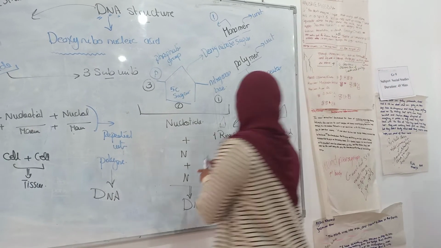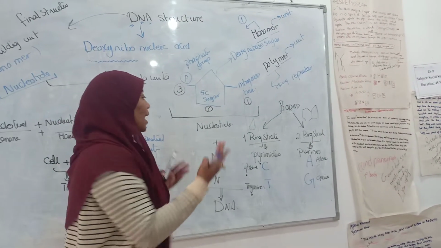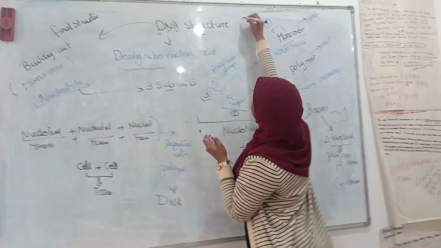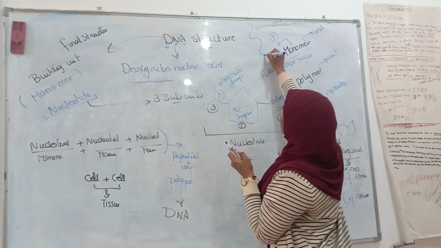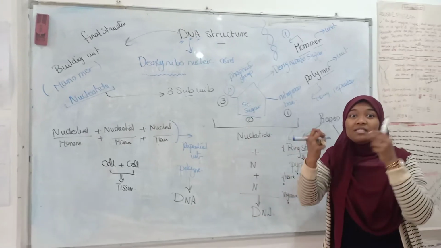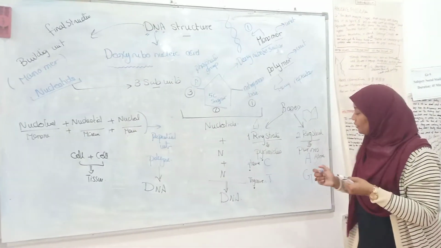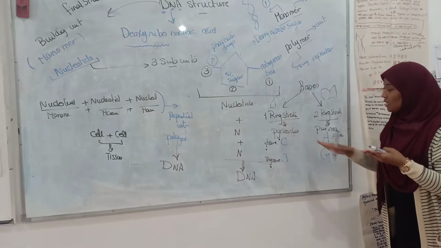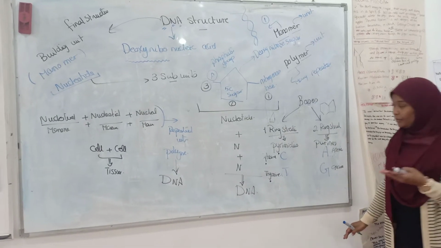Like, how can we complement each other? How can the DNA complement? Because DNA is formed of a double helix. It's two structures, not only one structure, two structures twisted around each other. What makes them really twisted around each other? The bases, whether A and T, C and G will be complementary to each other.